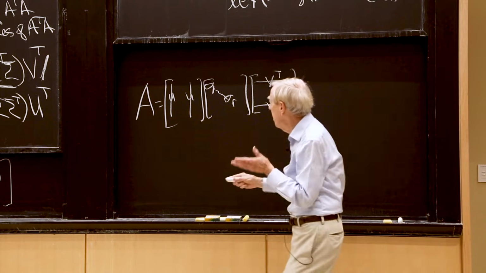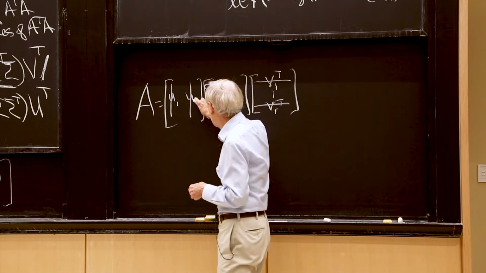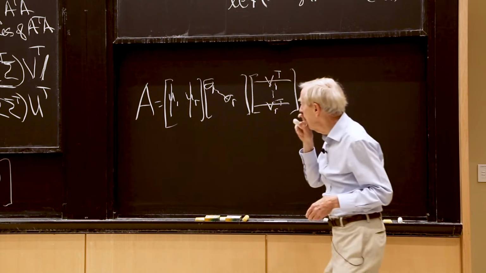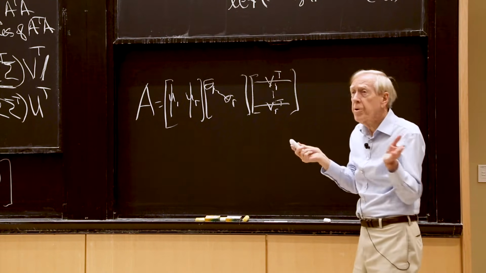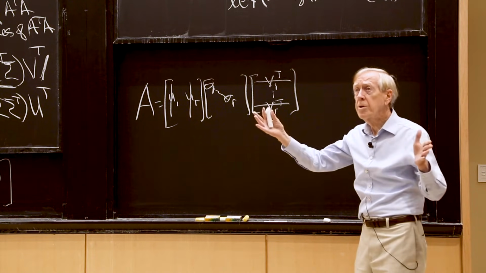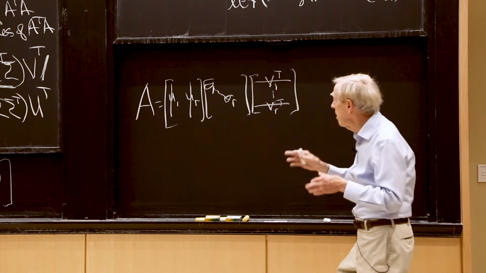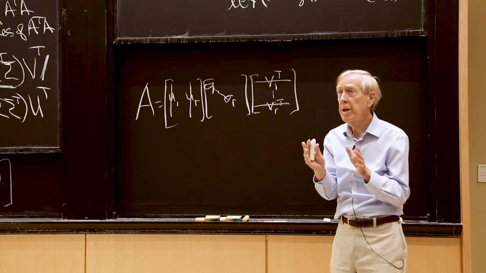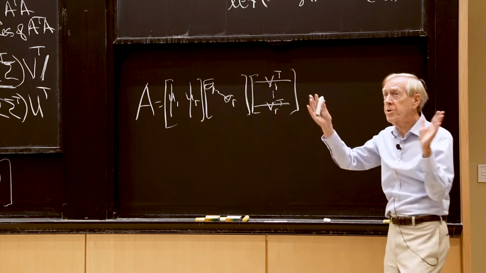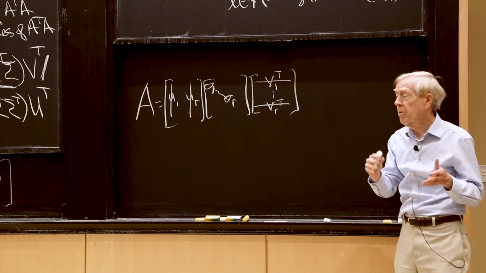Actually, what I've written here, you could say there's a big economy. There's a smaller size SVD that has the real stuff that really counts. And then there's a larger SVD that has a whole lot of zeros.